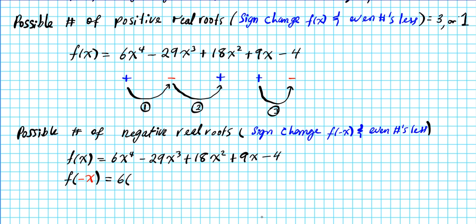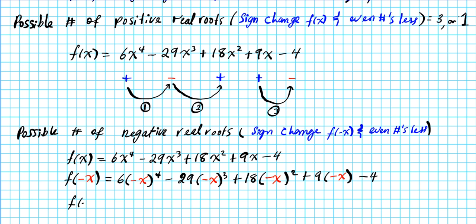So you have 6 times negative x raised to the fourth power minus 29 times negative x raised to the third power plus 18 times negative x raised to the second power plus 9 times negative x minus 4. Okay? Now let's simplify this.